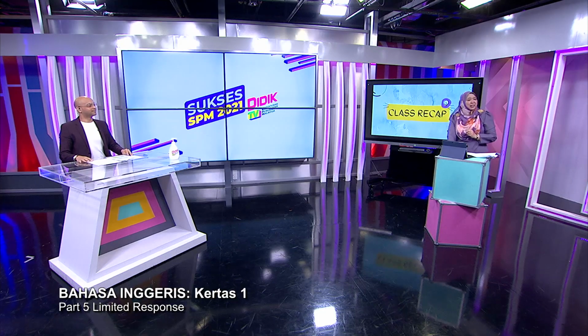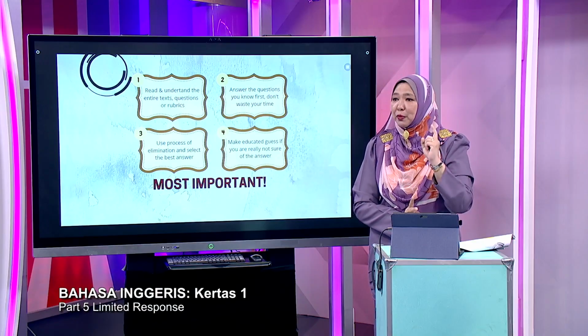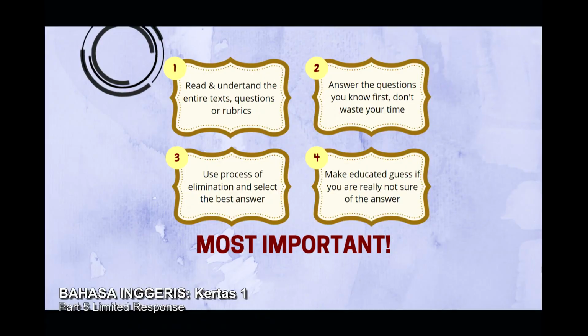Okay, class, the most important thing for Paper 1 is number 1, read and understand the question, the instruction, the rubrics, the text. This is the most important thing that you have to do. Second, answer the questions you know first. Don't ever waste your time.